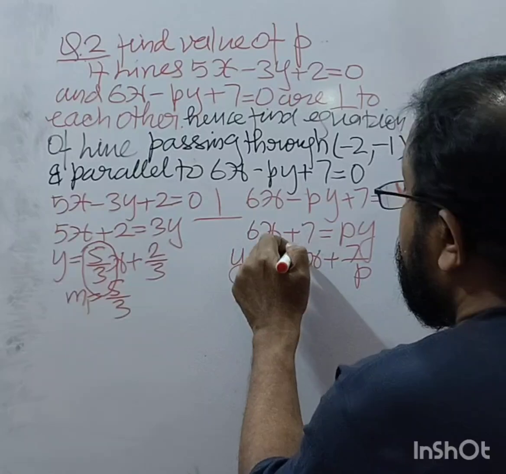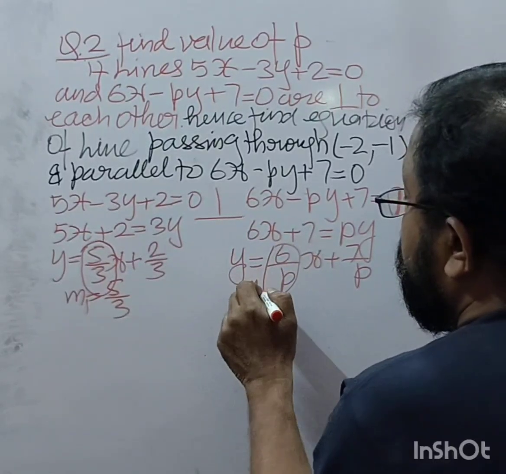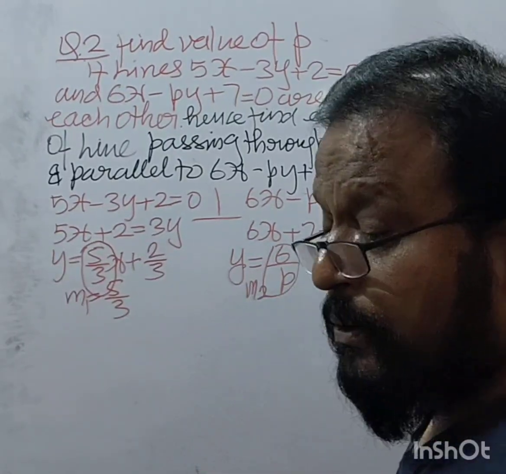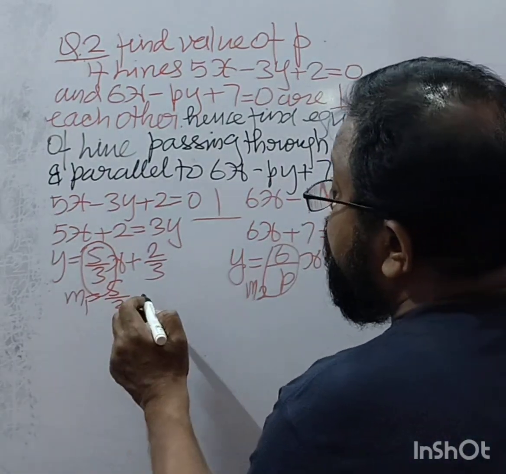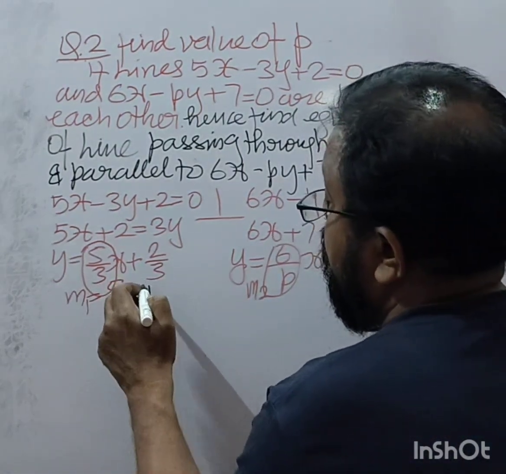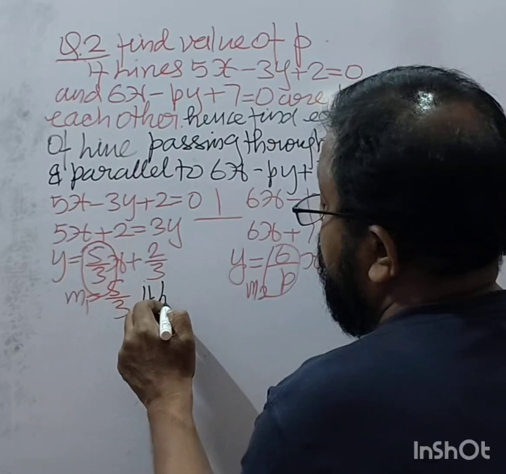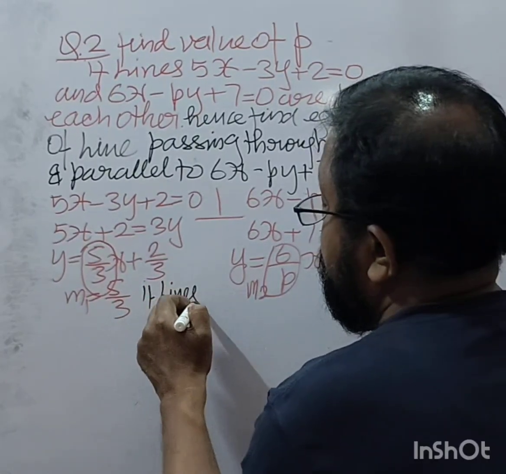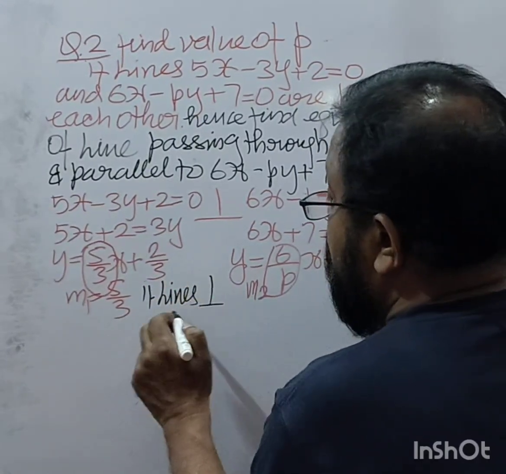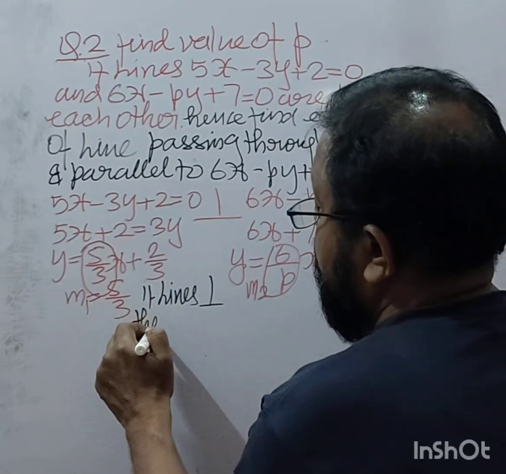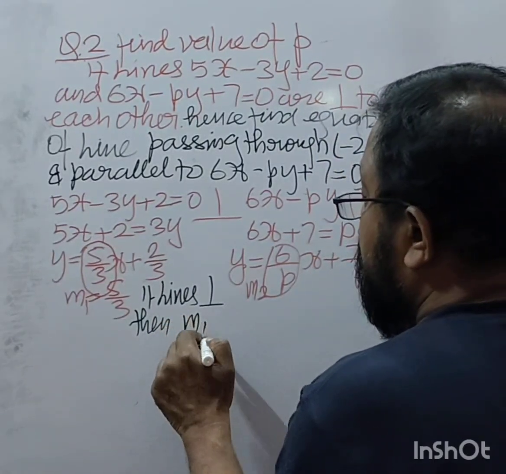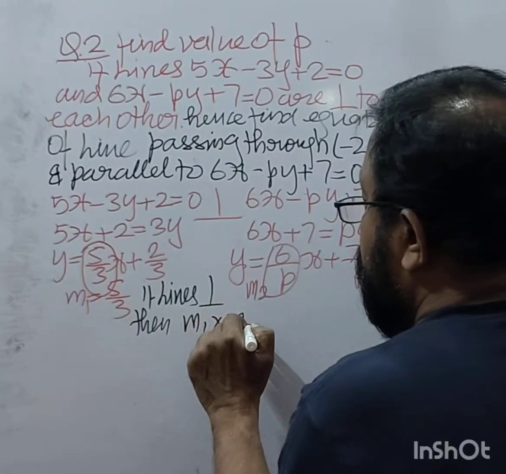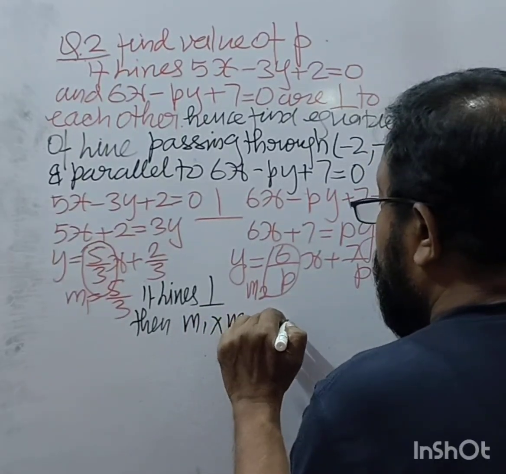This is m2. So if lines are perpendicular, then m1 into m2 is equal to minus 1.